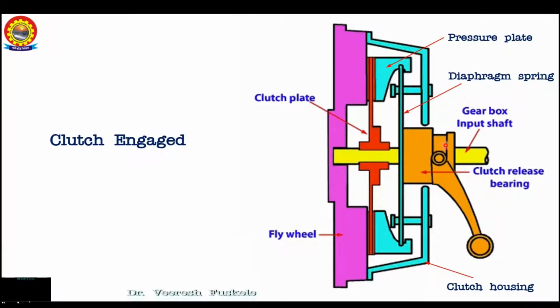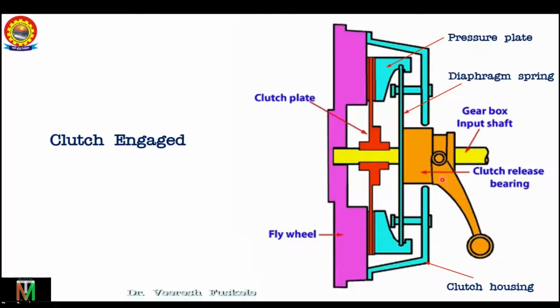This is a very simple schematic. You can see that this is the clutch plate, the red one, this is the flywheel, this is the pressure plate, this is a spring which is called a diaphragm spring, this is the release bearing, this is the clutch housing, and this is the input gear shaft, the shaft which is leading to the transmission.